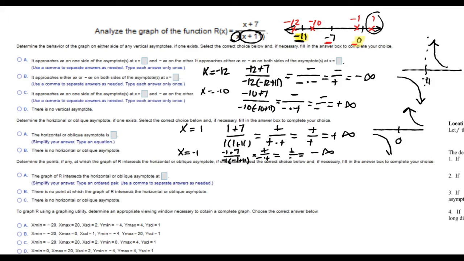So on the left-hand side of that vertical asymptote, we have the y approaching negative infinity. So for this one, it's going to approach infinity on one side and negative infinity on the other side of both of our asymptotes. So we're going to put in -11 and 0.